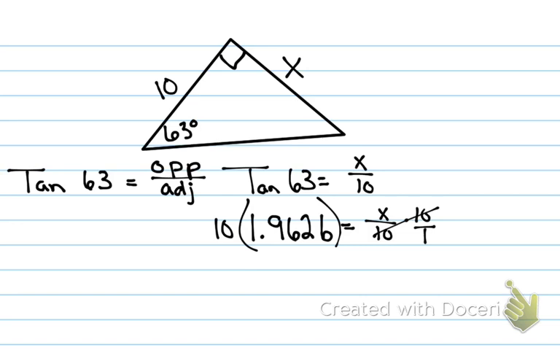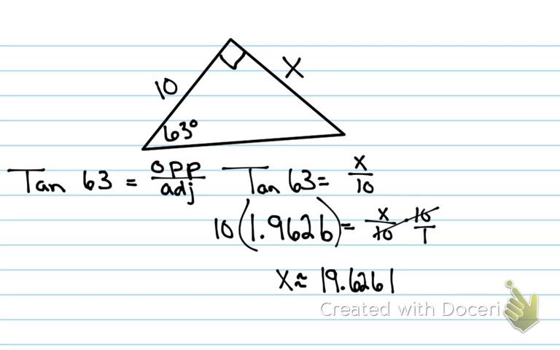This just gives you a slightly more accurate answer than if you were to round it in the middle of the problem. So now you have x is approximately 19.6261. But your instructions on your homework will say to round to the nearest tenth.